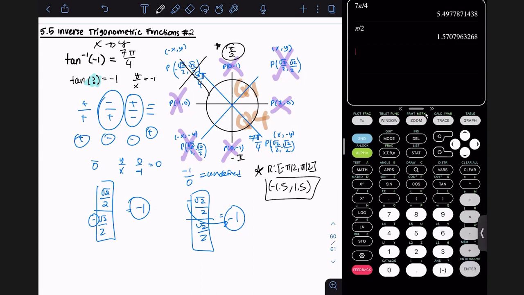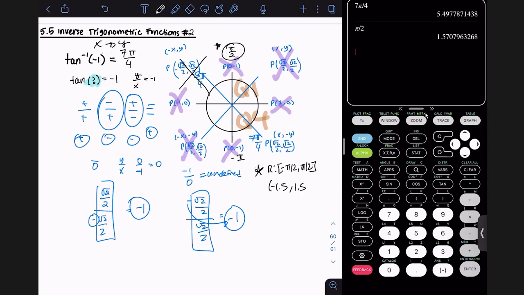So really, our range is -1.5 to 1.5. And so 5.4 or 5.5 rounded is definitely not within this range. And therefore, you can't say that the inverse of tangent of -1 is 7 pi over 4 because you're basically saying that, hey, it's 5.4, which can't be because the y cannot be greater than 1.5, right?